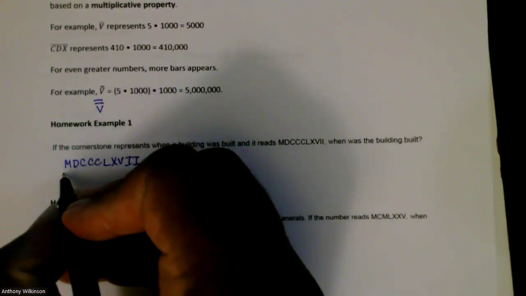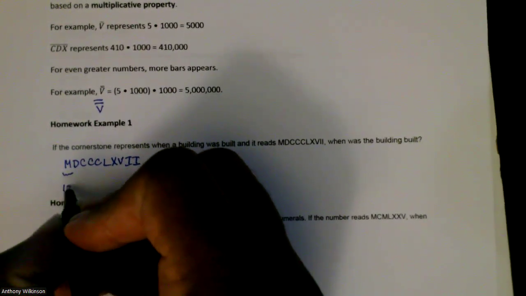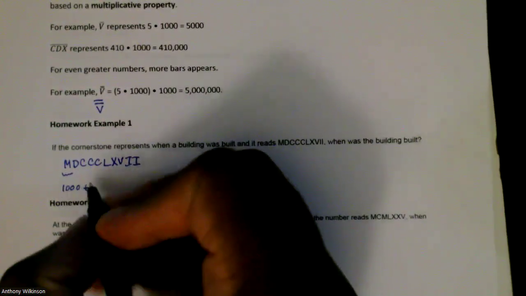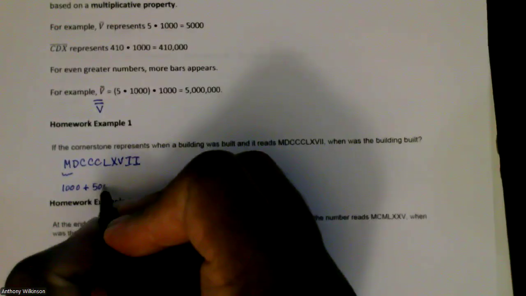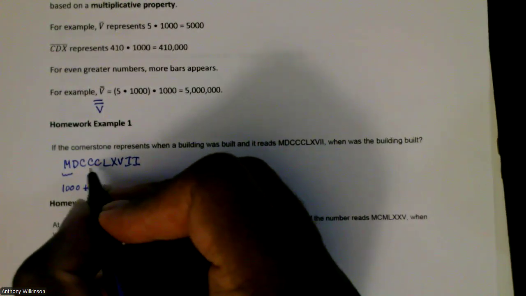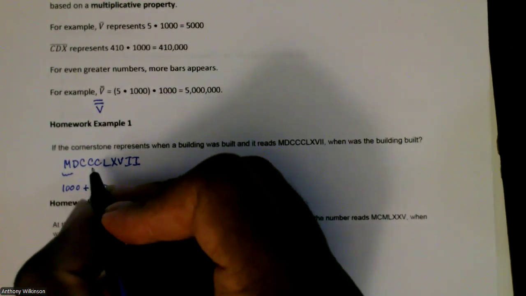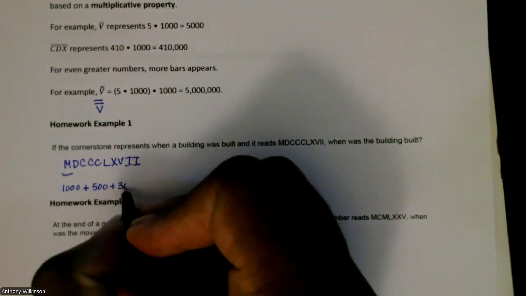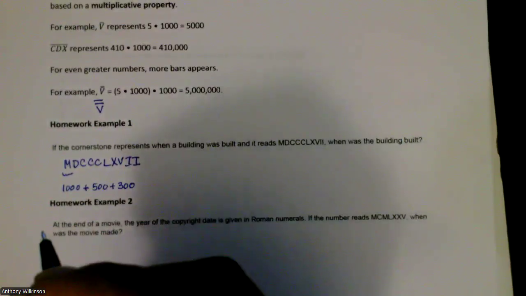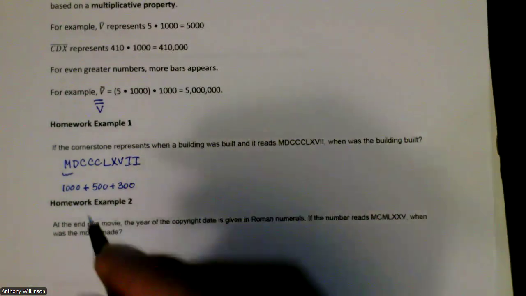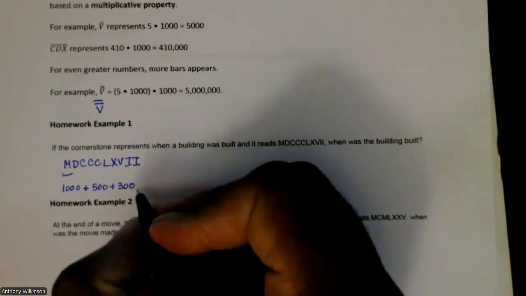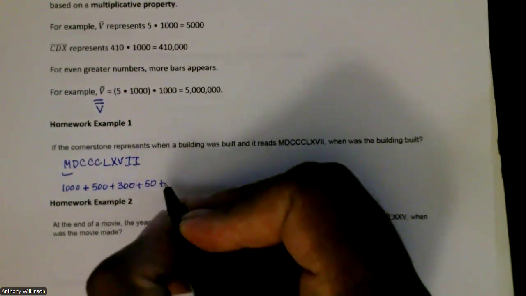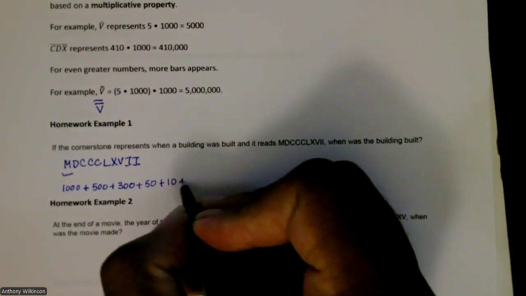Well, let's break this down a bit. The M is a Roman numeral for 1,000, plus the D in this case is 500. You got three C's. Each C represents 100. So this is 100, 200, 300. So now I'm going to add 300 to that. The L is a Roman numeral for 50, so I'll add 50 to that. The X is a Roman numeral for 10.